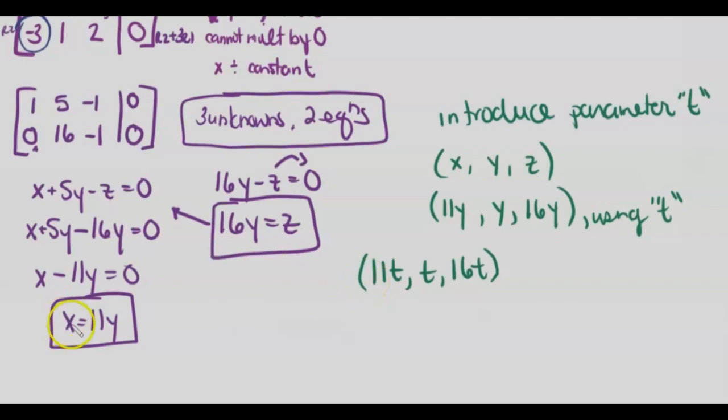Okay, and what does this parameter mean? So what this parameter means is that for any value such that t does not equal 0, right? We're not going to substitute a 0 in. It's just going to give us a 0 vector.